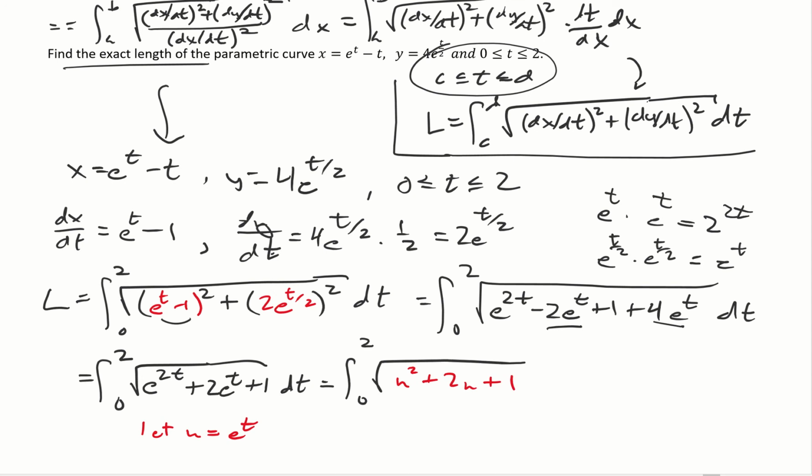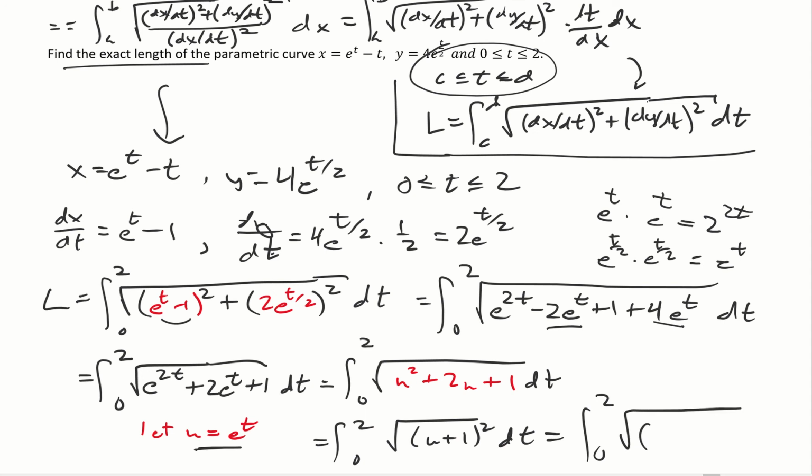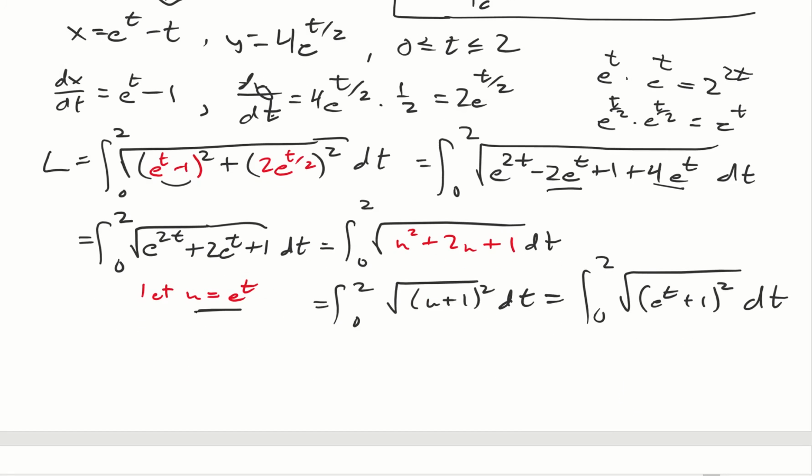I'm going to keep it as dt because I'm remembering that this is what I substituted. So we've got the integral from 0 to 2, square root, guess what this is? It's u plus 1 squared dt. Really, this is the square root of e to the t plus 1 squared dt. See, it's always a trick. Somehow it's a trick to get out of that radical, but we did.